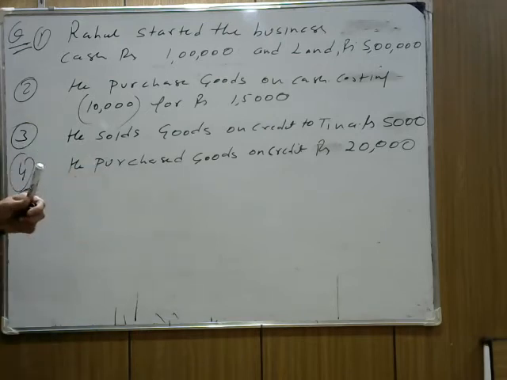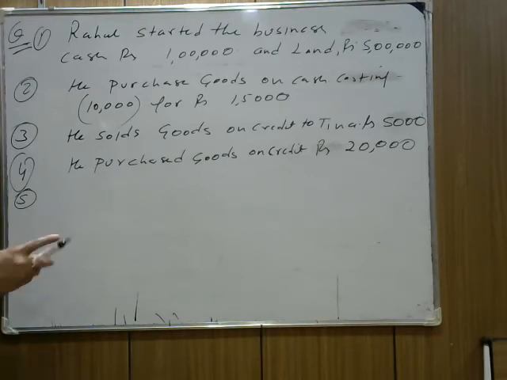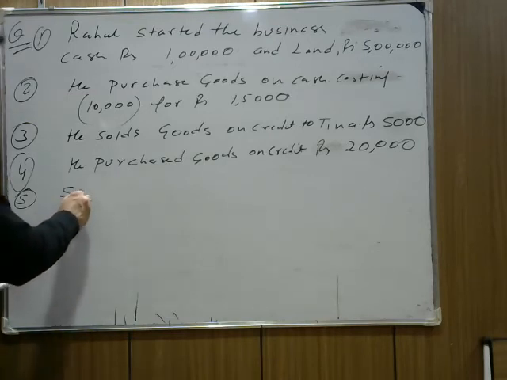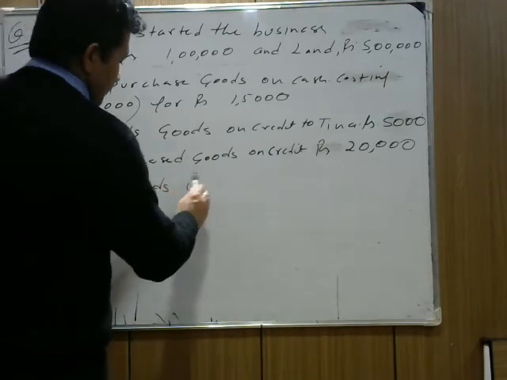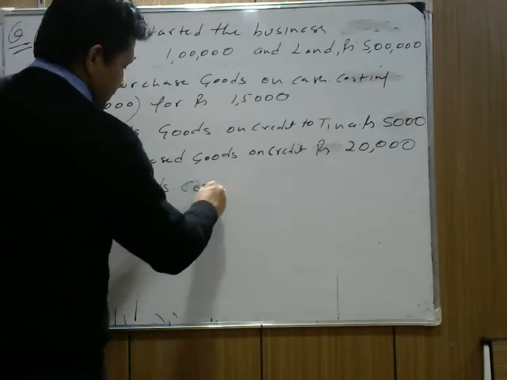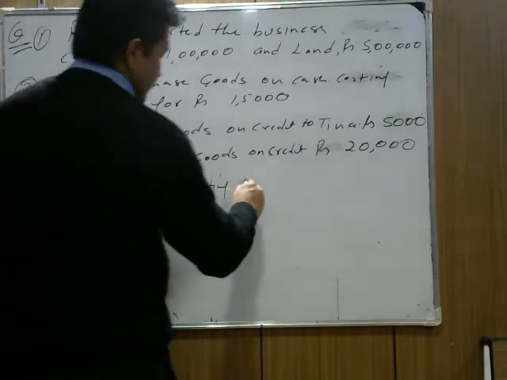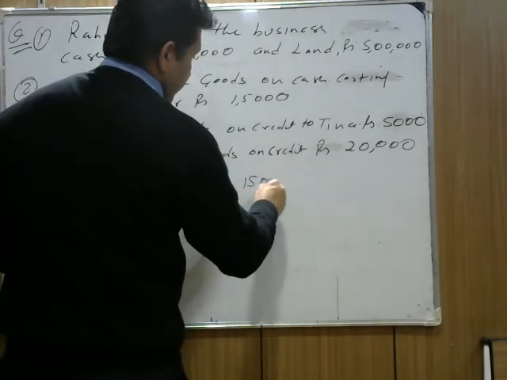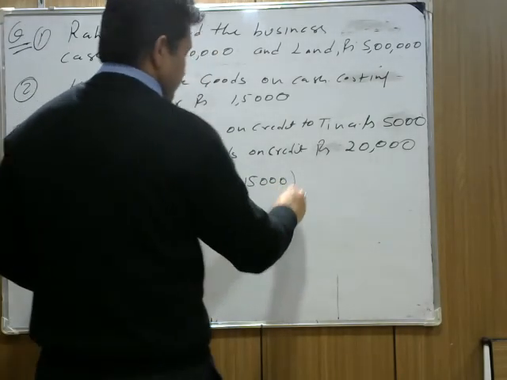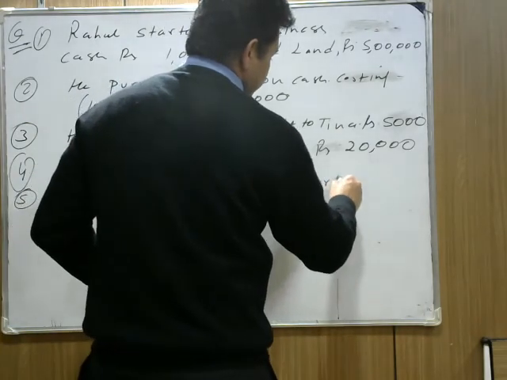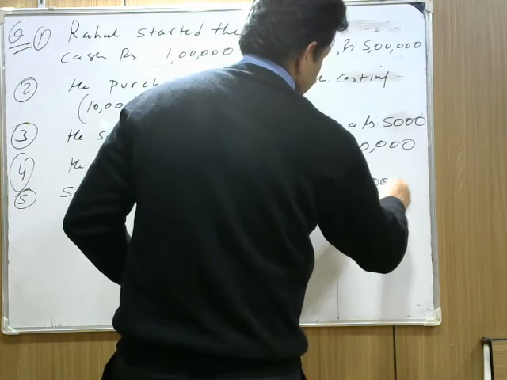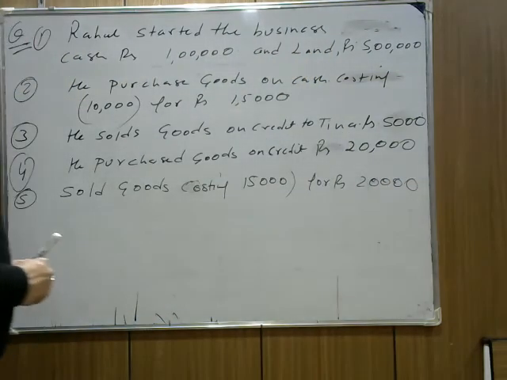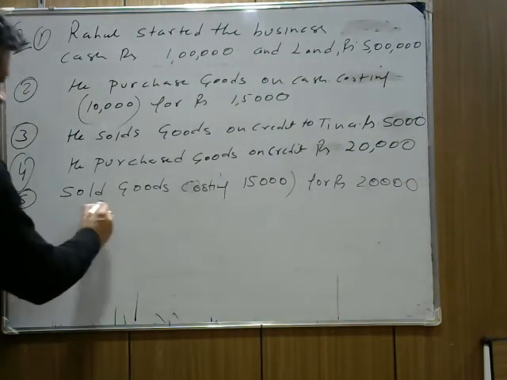I hope this is clear so far. Let's check again. Next one is he sold goods costing 15,000 for rupees 20,000 on cash.